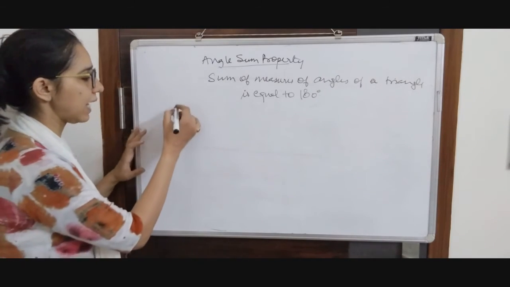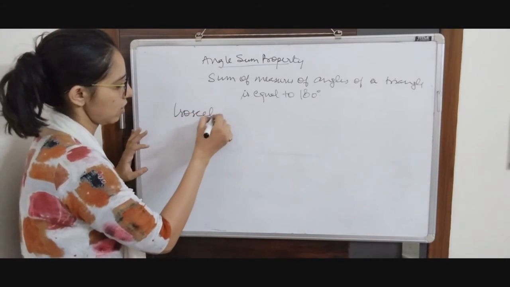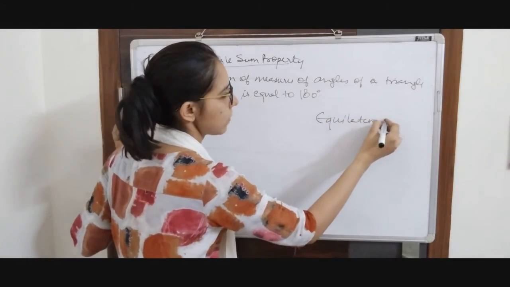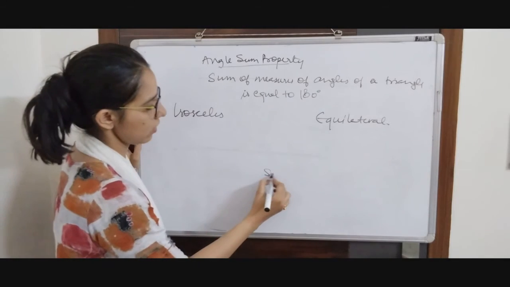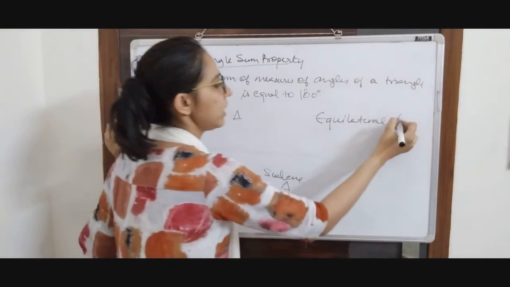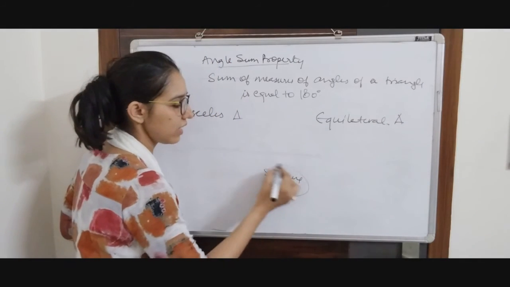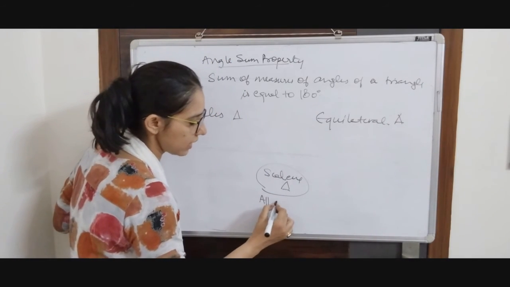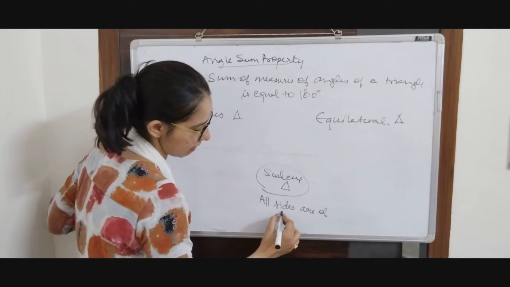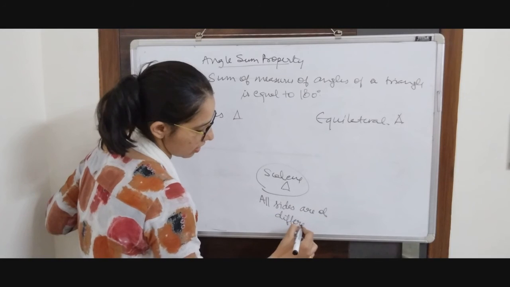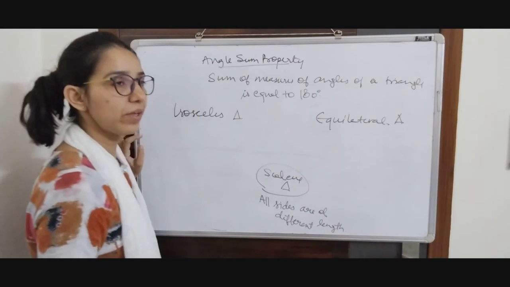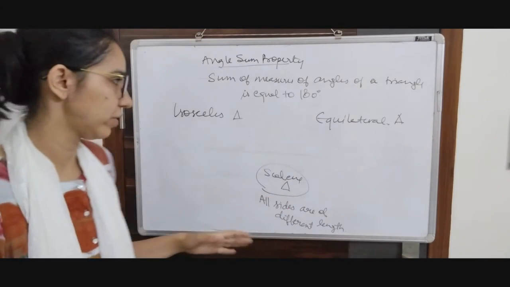Next is, what is an isosceles triangle? What is an equilateral triangle? And what is a scalene triangle? Scalene triangle is one in which all sides are different. All sides are of different length, or you can say all sides are of different measure.